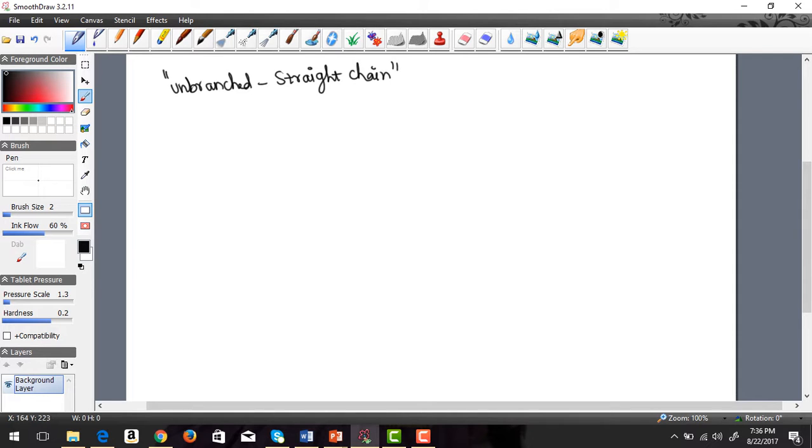What does that mean? It means there's a concept called isomers. In particular, we're talking about what are called structural isomers. What are structural isomers?